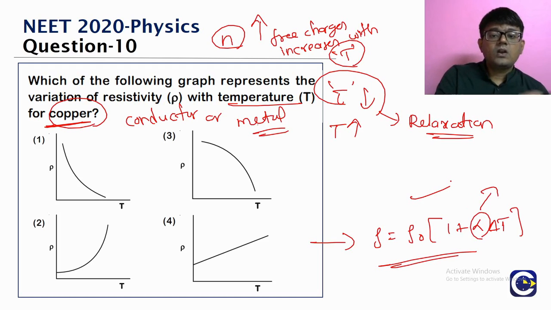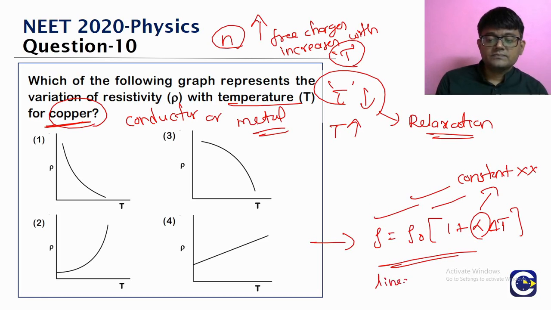But if you consider a long range of temperature, alpha also will not be a constant; it also will change. When we look at this relation, we feel it is linear, that resistivity increases linearly with temperature. But that is only seen when we observe a very small temperature difference.